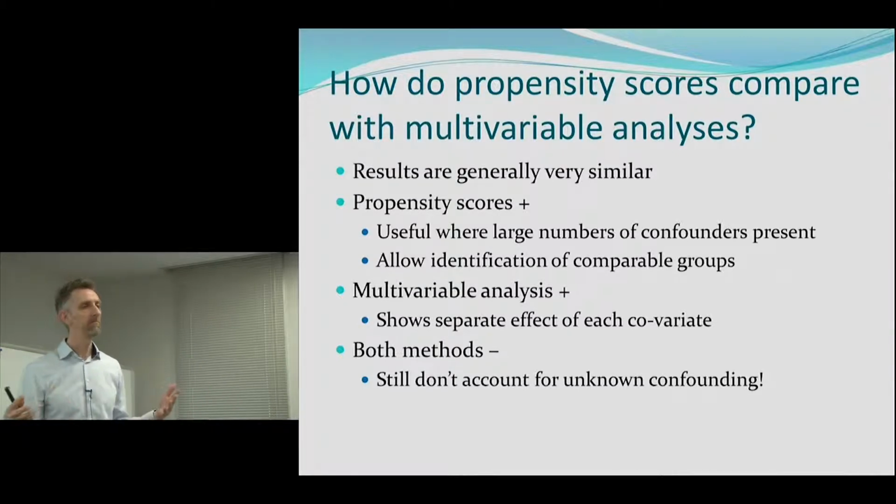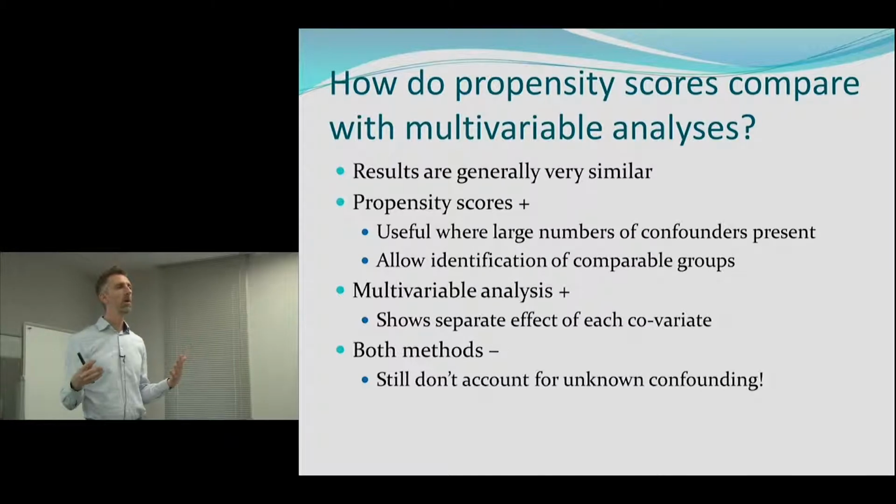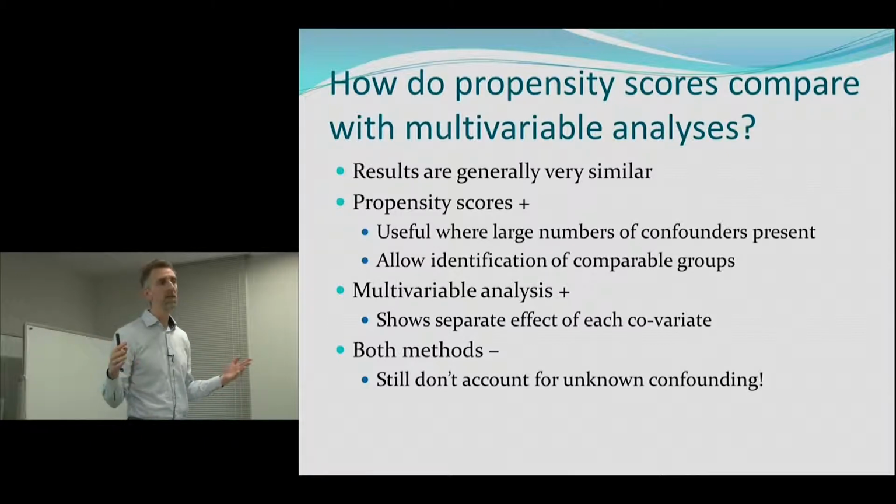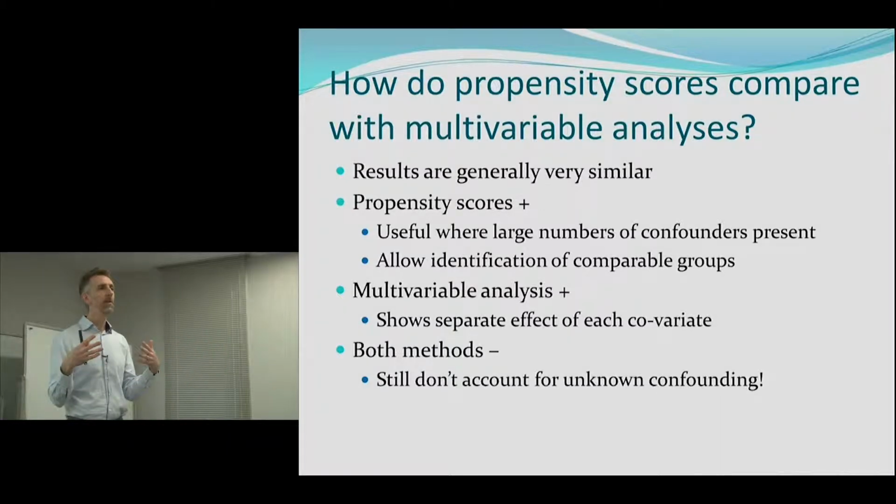You'll hear some people talk about them as though we must only ever use them because they're so much better than multivariable. I don't believe that. I think that they have some advantages and some disadvantages, and that we need to be aware that they are only as good as the data that we've got access to and that we can measure.